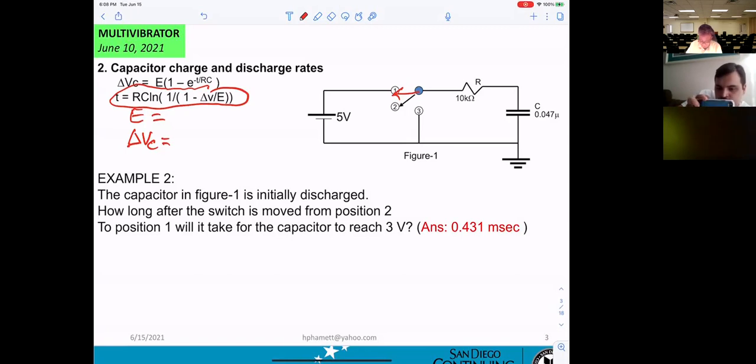E will be the difference between the initial voltage, which is 0, and the voltage it tries to reach. If you keep it at position 1 for long, it will reach 5 volts. So E will be 5.